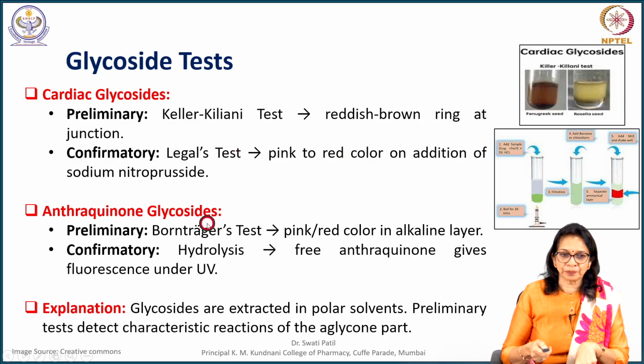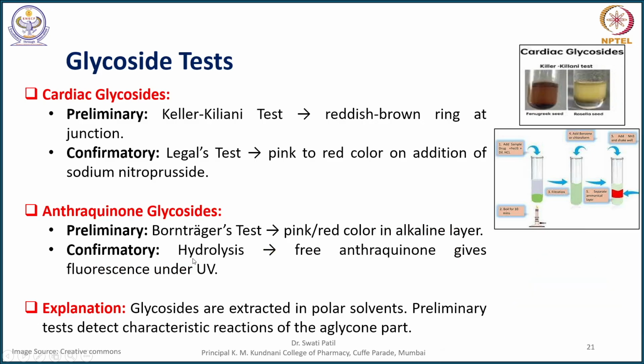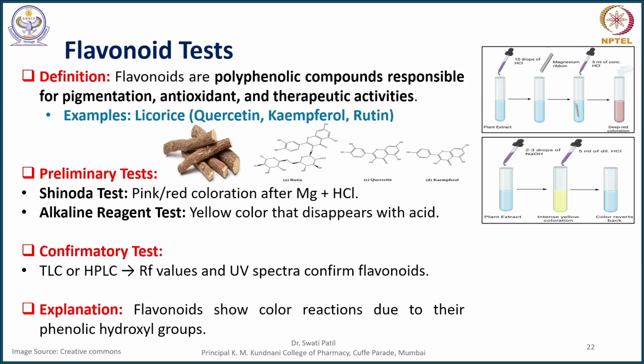For anthraquinones, Bornträger's test is a very famous test to detect their presence, which gives a pink or red coloration in the alkaline layer, and the free anthraquinones are detected under UV, which give bright fluorescence.